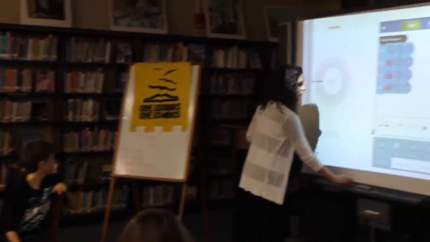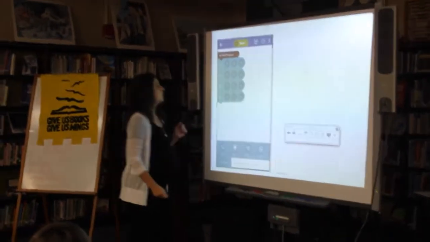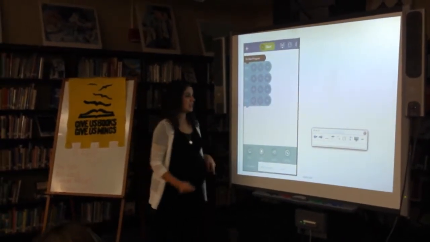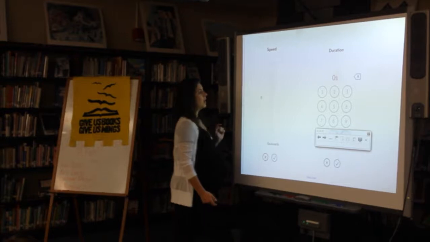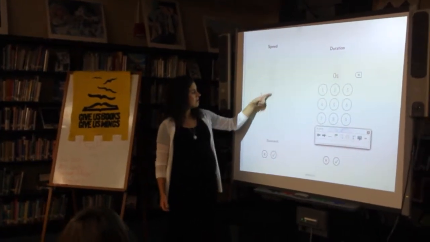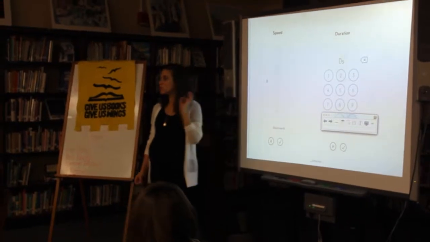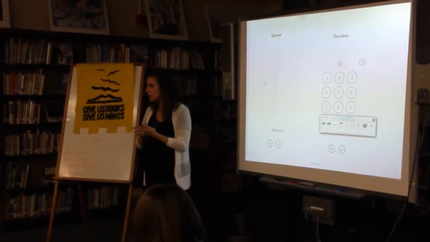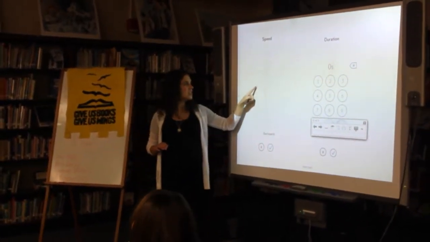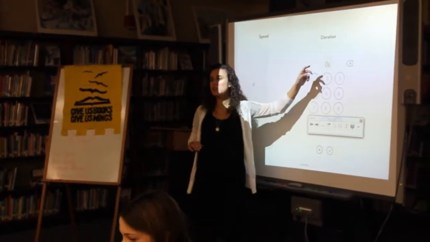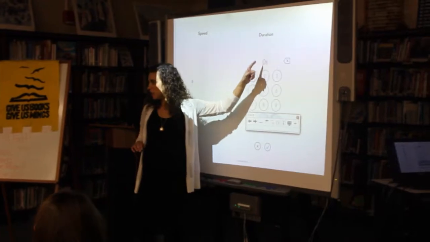Yes? Awesome. Okay, so the next thing we're going to do is set our speed. Now, you can drag this up and down, but that doesn't make it as precise, so we're all about precision, right? So if you touch this dot here, this number, you'll be able to type in your speed.